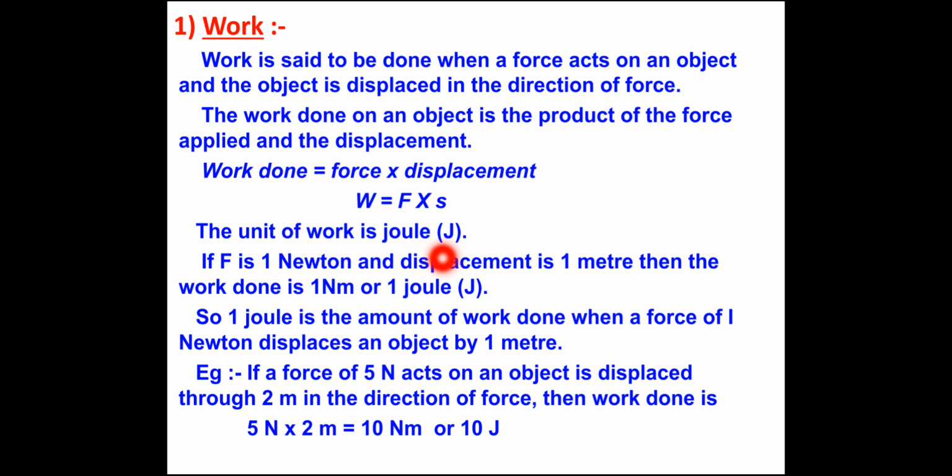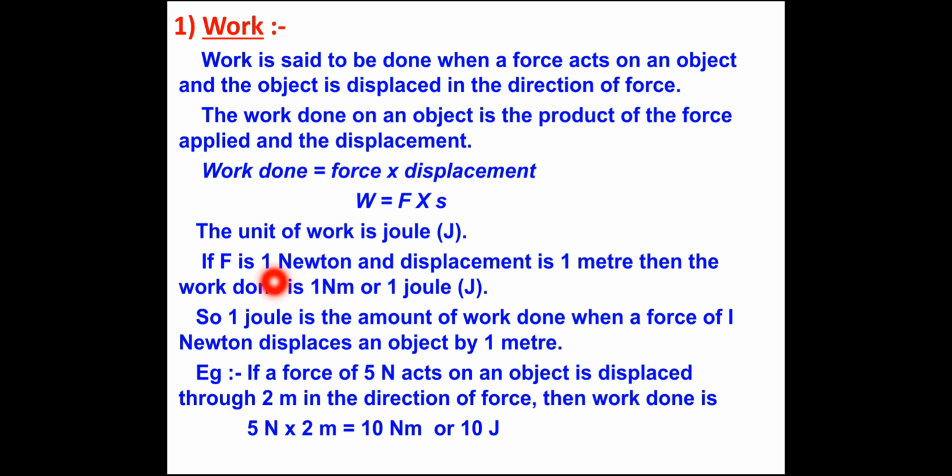Like sugar and milk, work done also has a unit, and that unit is joule. Otherwise we can use the unit Newton meter. Here capital N means Newton, which is the unit of force, and small m is the meter, which is the unit of displacement. So Newton meter or joule can be used.